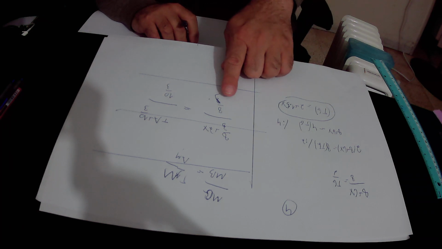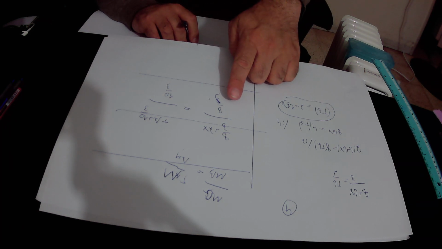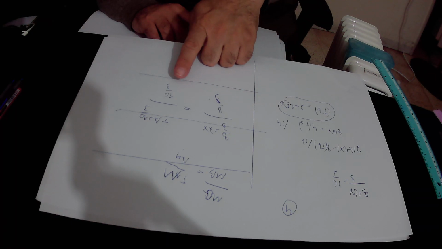Here we multiply 2x by 3 and then we divide it by 3 in order to overcome a factor of 8 over 3. And here also we multiply TA by 3 and then we divide it by 3 in order to overcome a factor of 10 over 3.